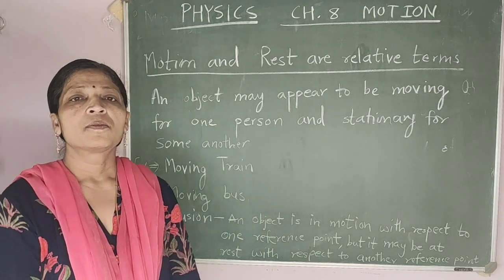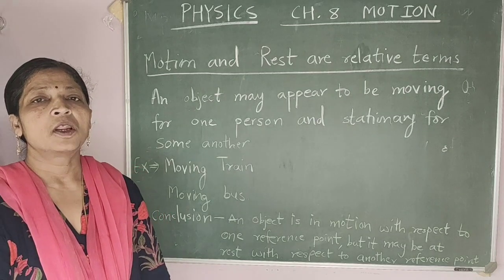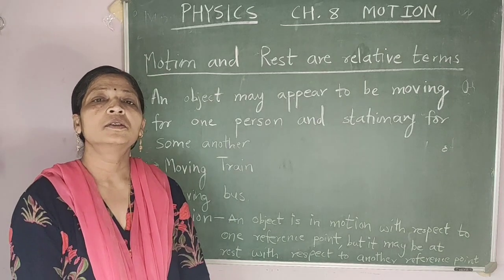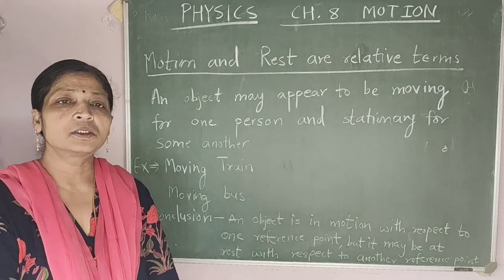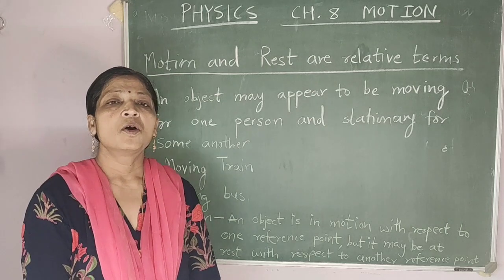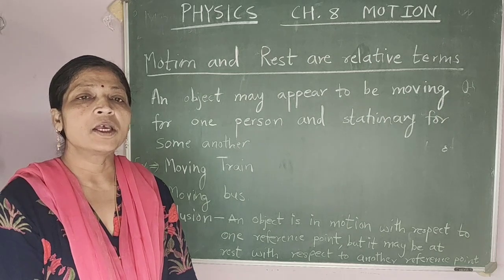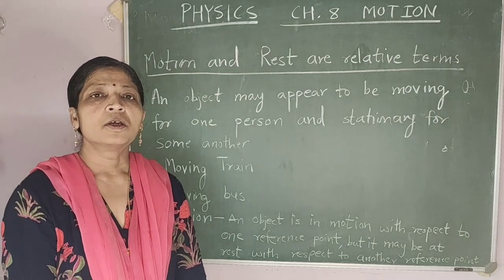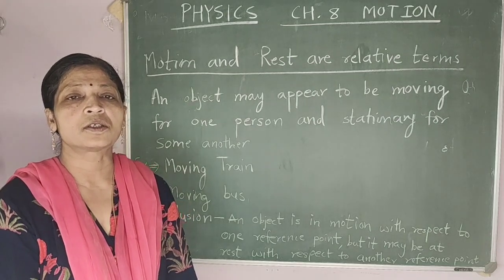According to him, the passengers in the bus are moving. Now take another reference point. Another passenger in the bus feels that all other passengers are at rest. So as we change the reference point, the terms rest and motion also change.